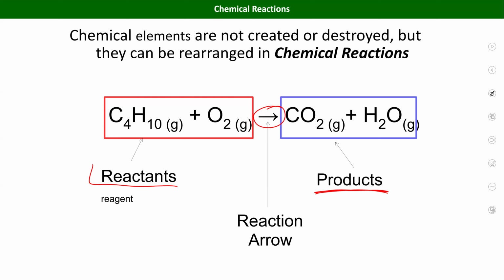Anytime you've got a change that you can represent with a before and an after, you can write it as a chemical reaction. So for our last slide, our practice where we were talking about liquid or solid water turning into liquid water. Well, that's a before and an after. But we can't really just write H2O turns into H2O.